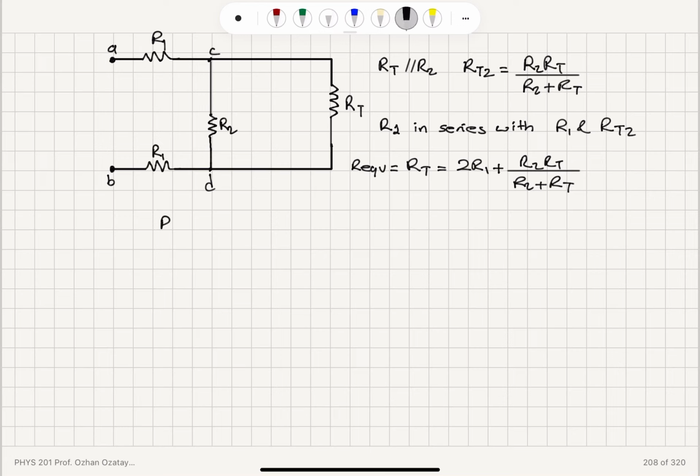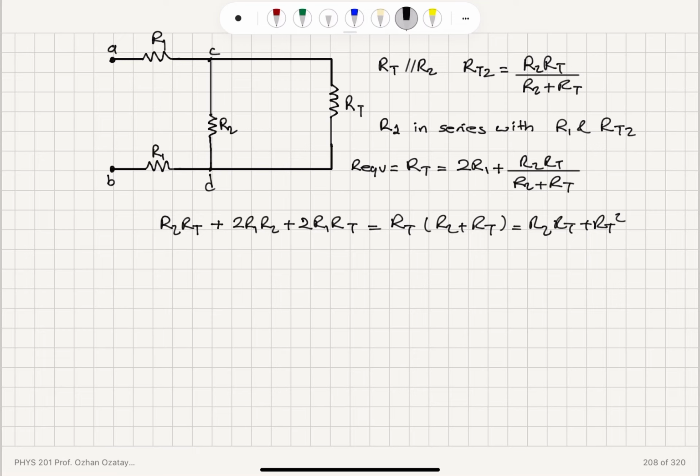We have R2 RT plus 2R1 R2 plus 2R1 RT, that is equal to RT times R2 plus RT, which is R2 RT plus RT squared.